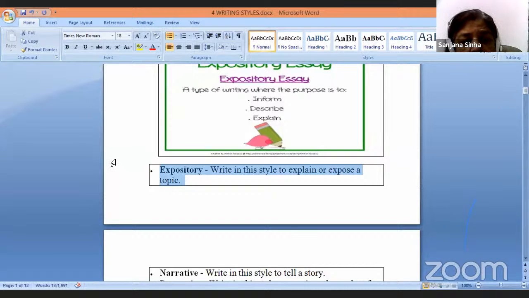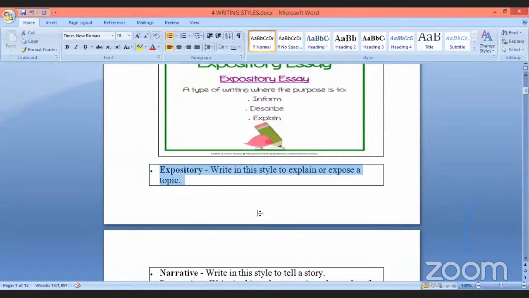Explain or expose, just one line. The definition can be shortened or elaborated also. But for expository writing style, one line is that. The tagline is: to explain and expose. Explain or expose a topic.